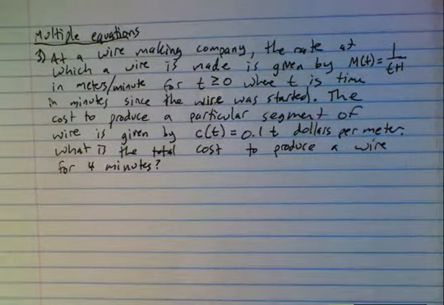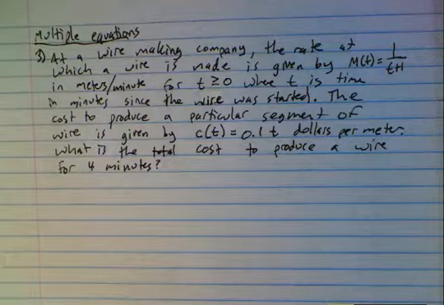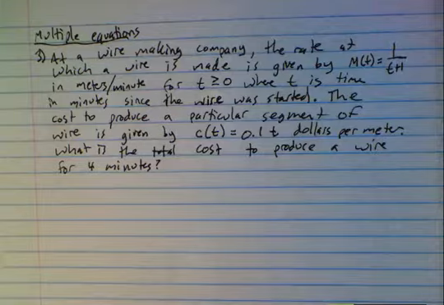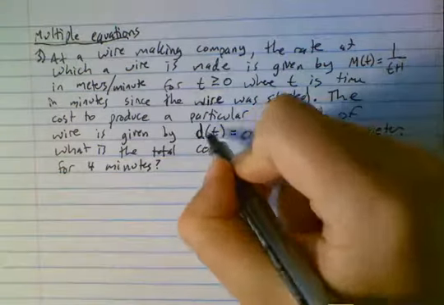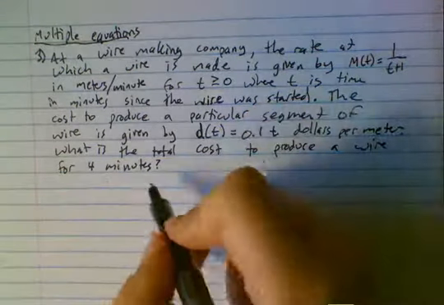Okay. So if we're going to find the total cost, actually let's let these be different variables. I'm going to make this D of t so I can let cost be C of t.